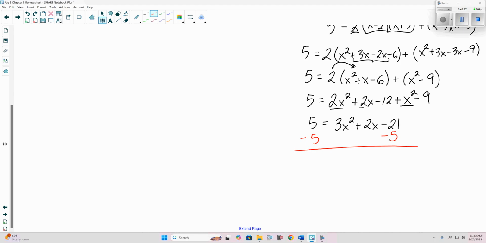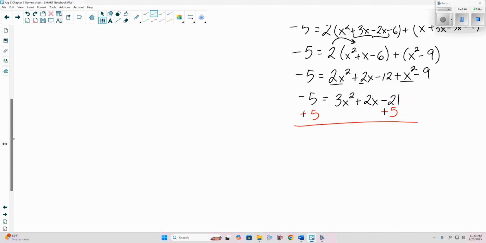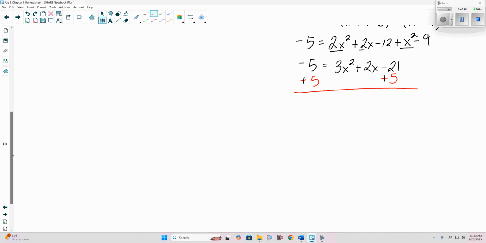I changed the other one and not this. Because this here would give us negative 26. I want to change it because it will work. We will get solutions. They'll be irrational solutions. But if it's negative 5, we add, giving us 3x squared plus 2x minus 16. Having it be negative 16 is going to work out better.